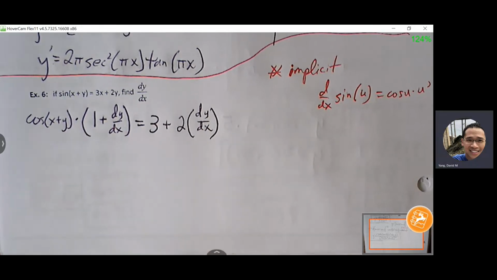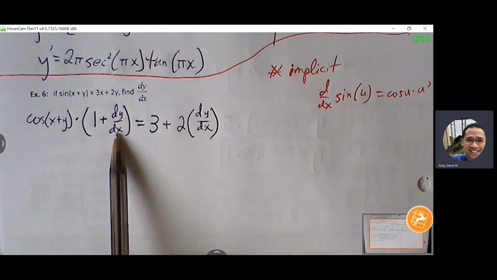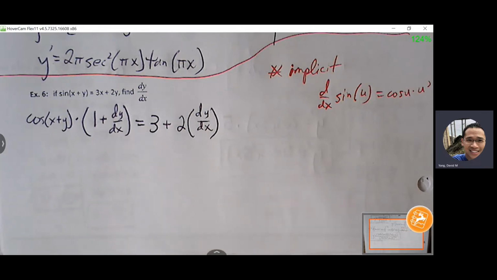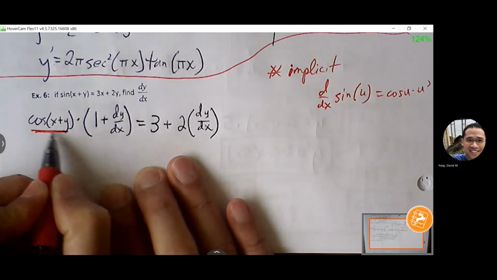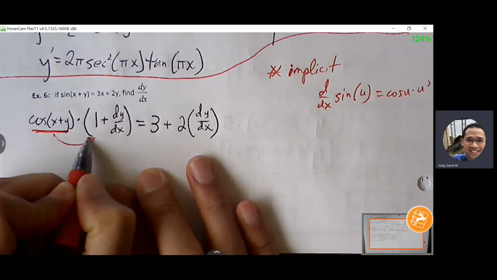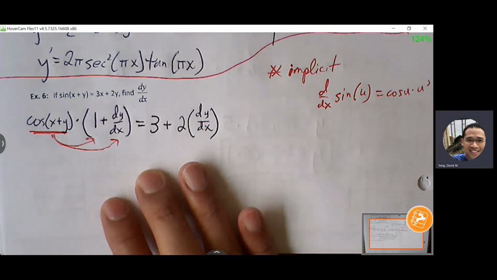Okay. Right. So this is inside the cosine, but this is outside. Okay. So this is a package deal here. We can't do anything to separate it, but I can distribute this through the parentheses to help separate that dy dx from its parentheses.